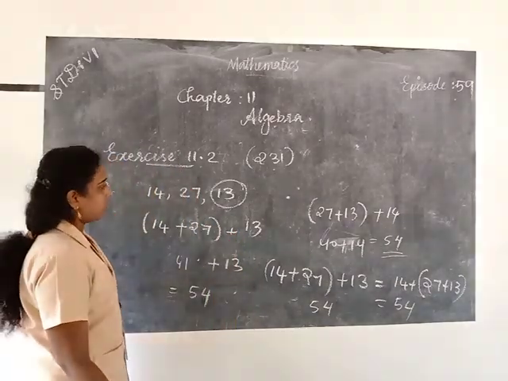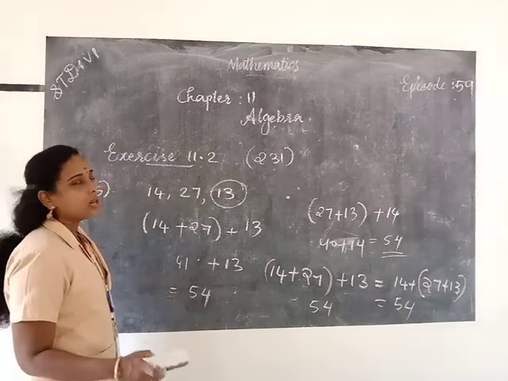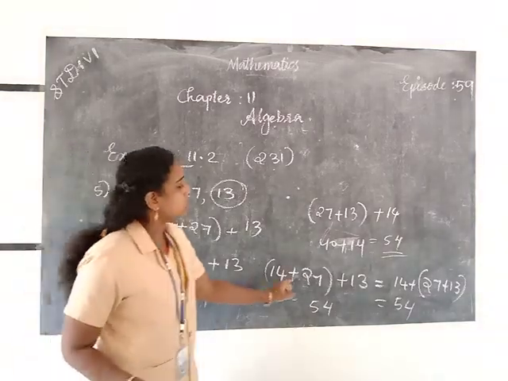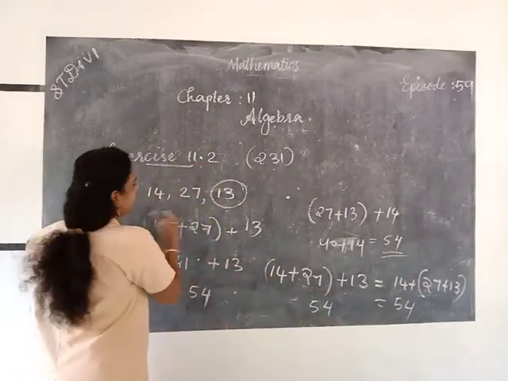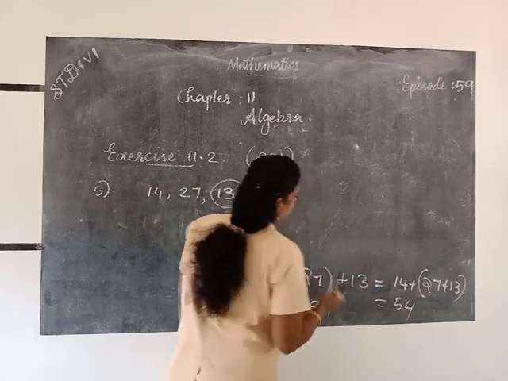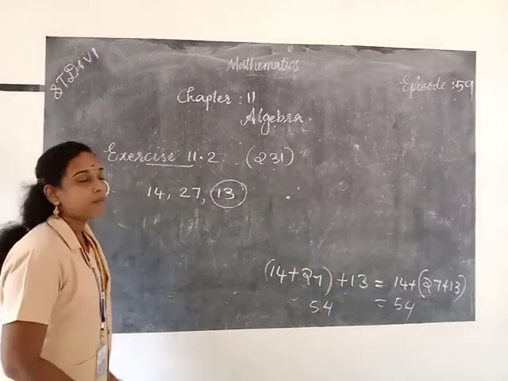Here we want to express the rule using variables. Here we used numbers to express the rule, and now we express the rule by using variables.